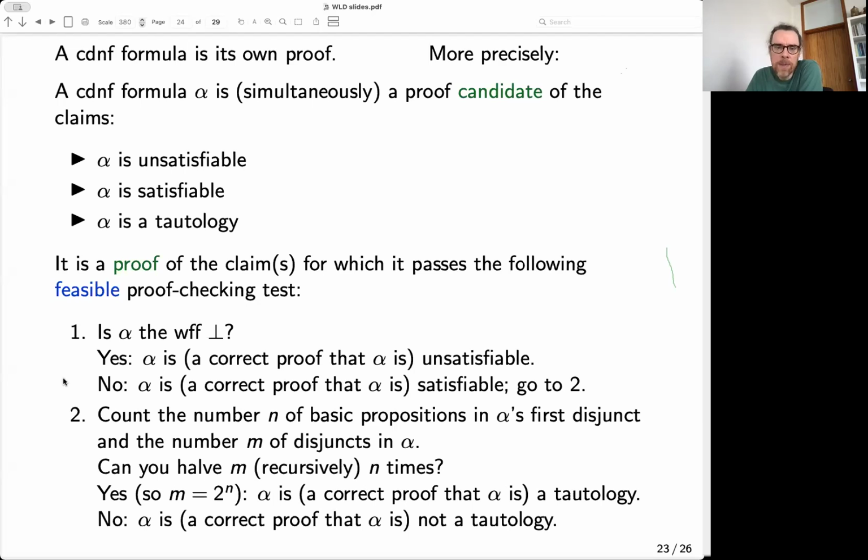And then if it is satisfiable, then the second part of the test will tell us whether or not it's a tautology. And so the second part of the test is look at the first disjunct of the formula and count the number of basic propositions in it and call that n. And then look across the whole formula and count the total number of disjuncts.